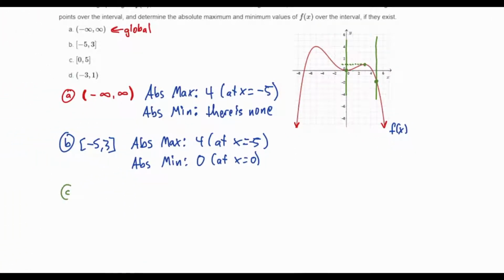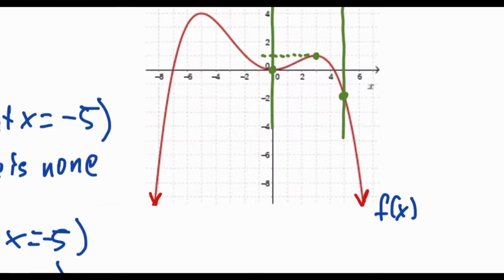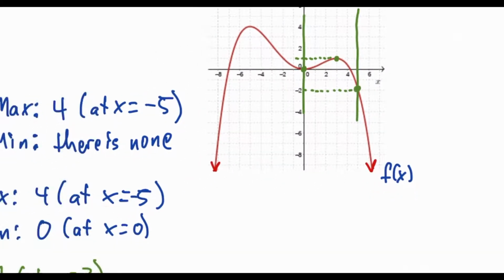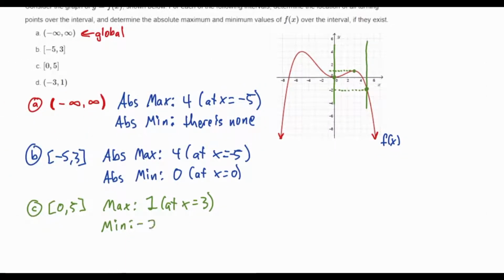So for my interval 0 to 5, my maximum is 1 at x equals 3. And my minimum is going to be not this value, but as we go, it extends further below the x-axis. So my minimum value is going to be -2 at x equals 5.